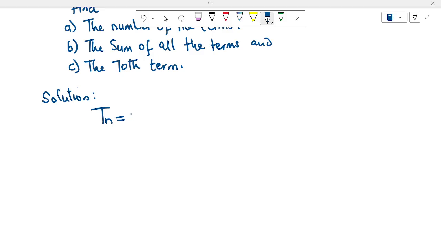The formula is Tn, the nth term, equals A, where A is the first term, plus (n minus 1)d.